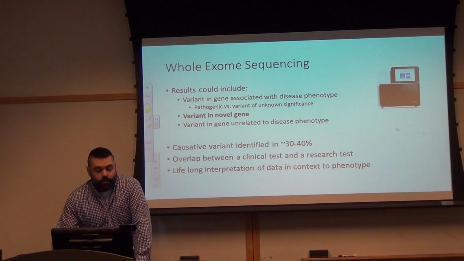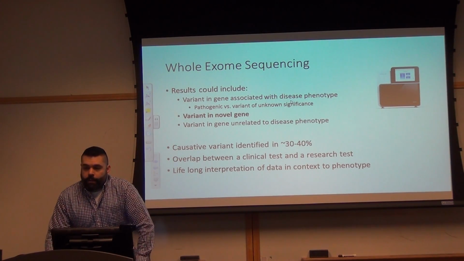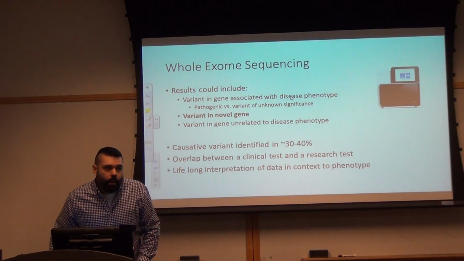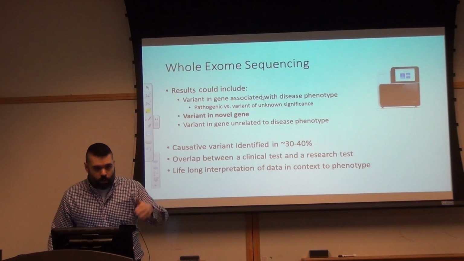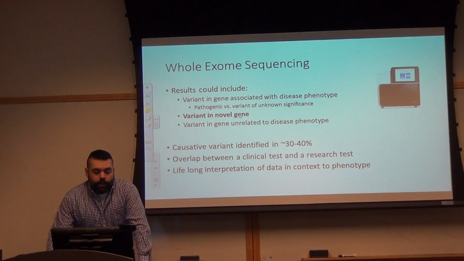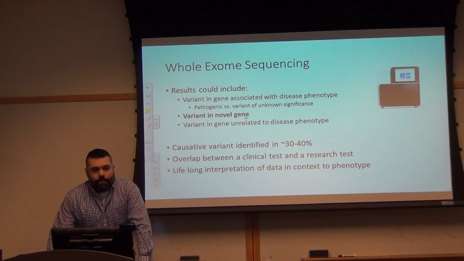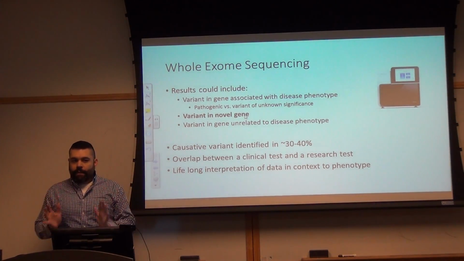All right. So the results could include a gene associated with a disease phenotype that we already know. You wouldn't order exome for someone for cystic fibrosis, but if you did and you found it, one-to-one correlation, Mendelian disease, you're good to go. You could find a variant in a novel gene, and this is where things get a little bit tricky. In the diagnostic lab, we like to deal with things we know.